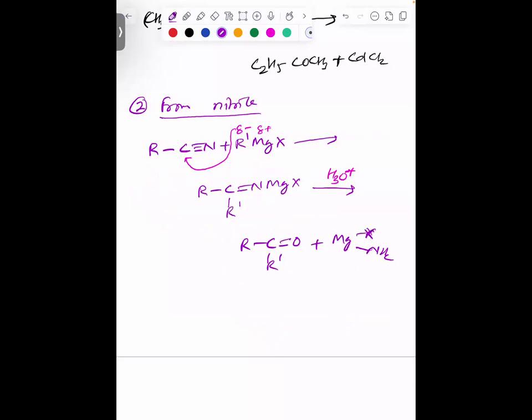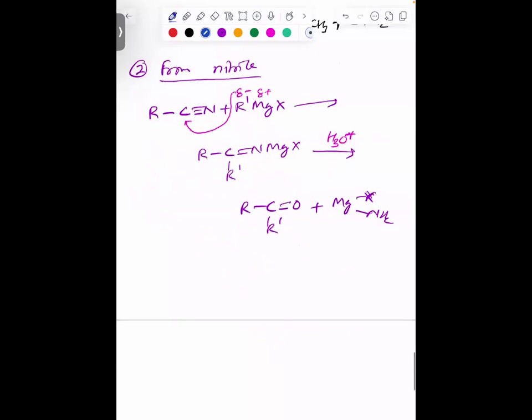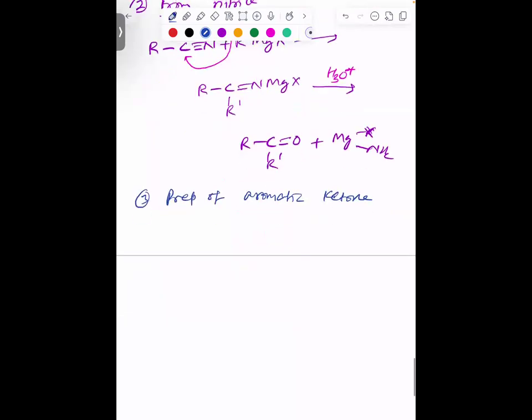Then the next method, the preparation of aromatic ketone. You have already studied a method for the preparation of aromatic ketone, that is Friedel-Crafts acylation.